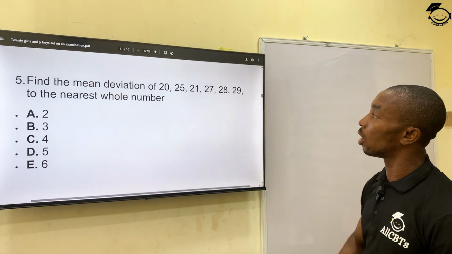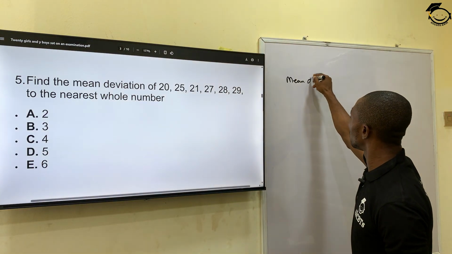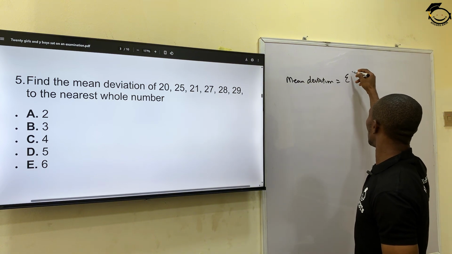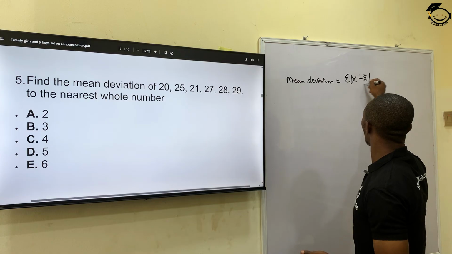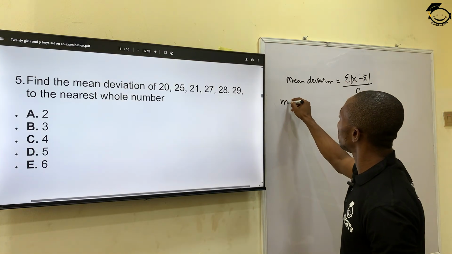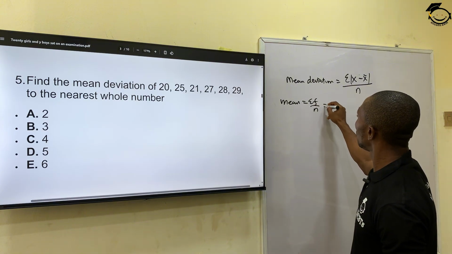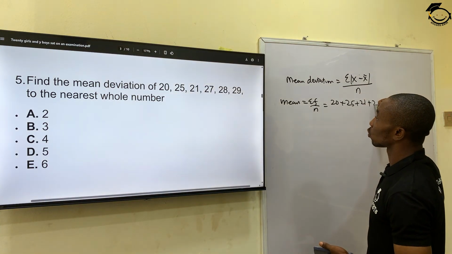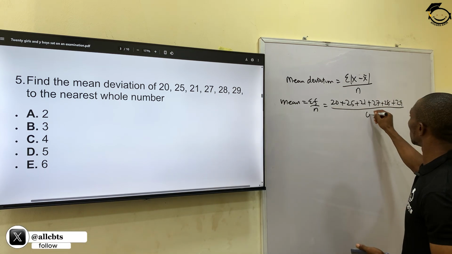Find the mean deviation of the set of numbers to the nearest whole number. For us to calculate mean deviation we have it as summation of the modulus of x minus mean, all over n. So to find our mean, it equals summation of f over n, which is 20 plus 25 plus 21 plus 27 plus 28 plus 29 all over 6.